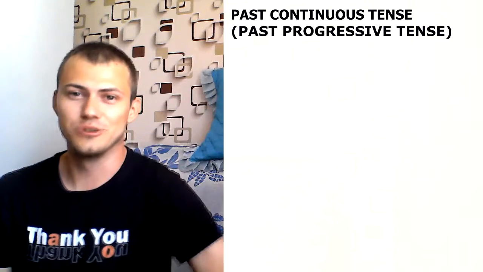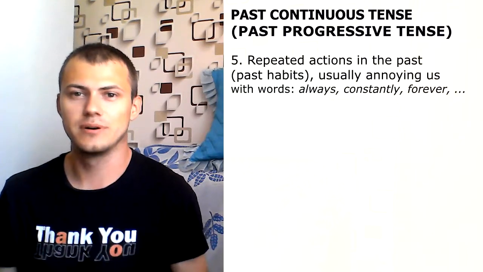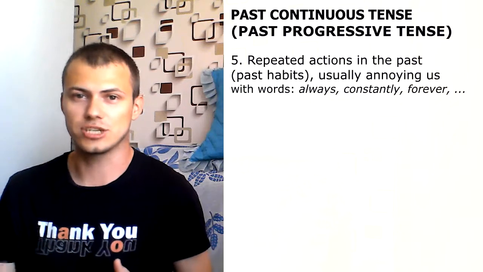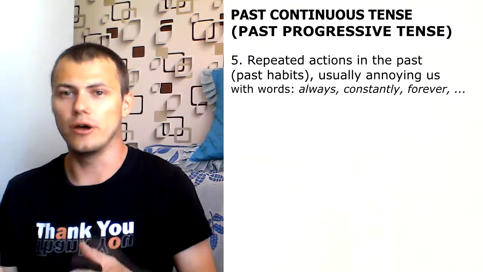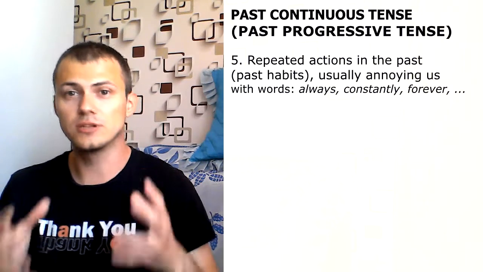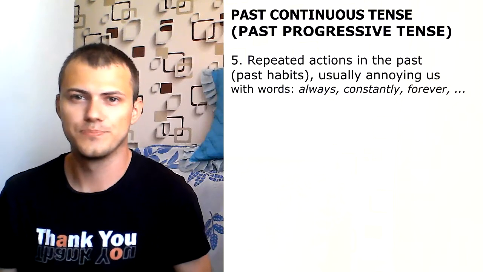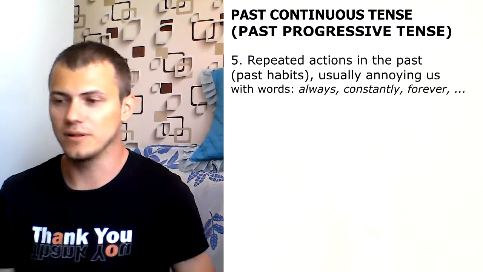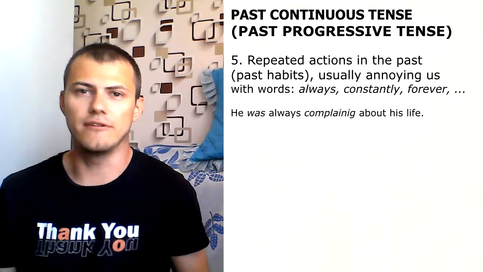The fifth usage of the past continuous tense. We can describe past repeated actions, for example, past habits. Usually annoying, but it's not obligatory. Usually annoying, but not always. So, for example, he was always complaining about his life.